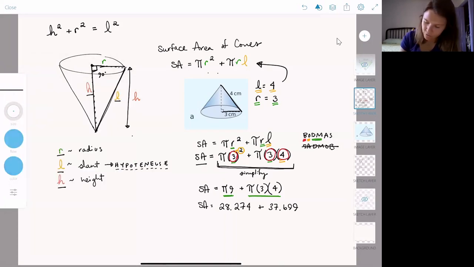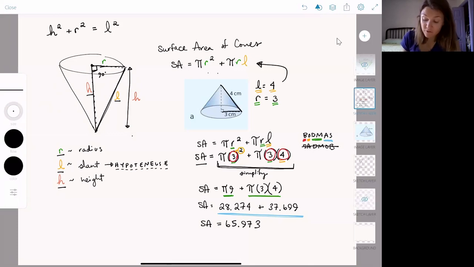And now that I've reached the end, I can go ahead and combine through addition and subtraction. So now I want to combine these two. 28.274 plus 37.699 equals, my surface area is 65.973.